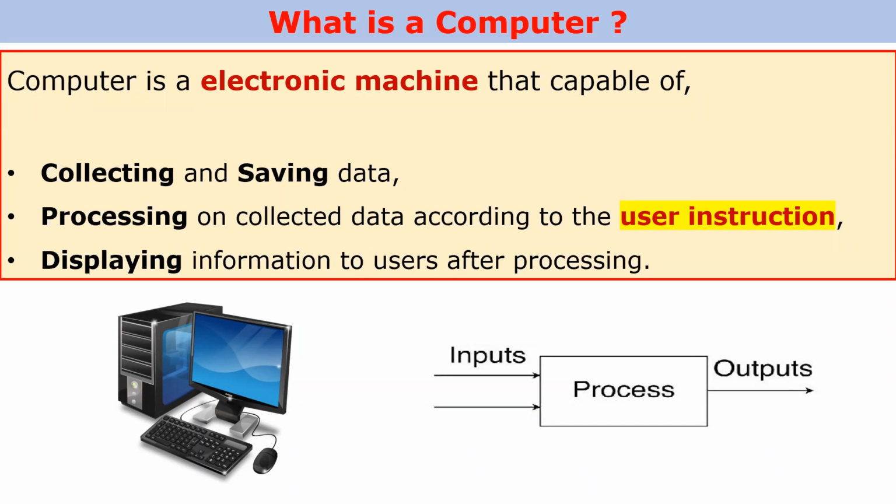Inserting data. The iron needs current to activate. We are giving current, which means we are giving some kind of data. Then the iron is able to collect data. It doesn't save data, so it is not a computer.